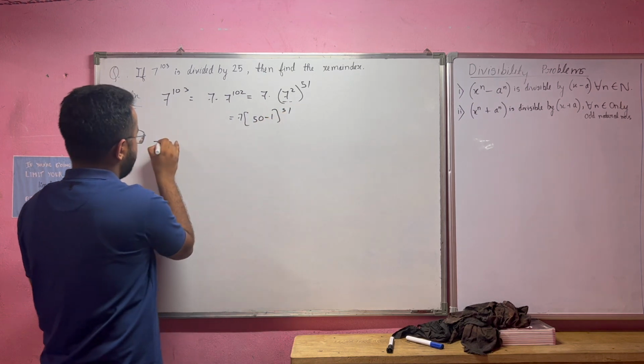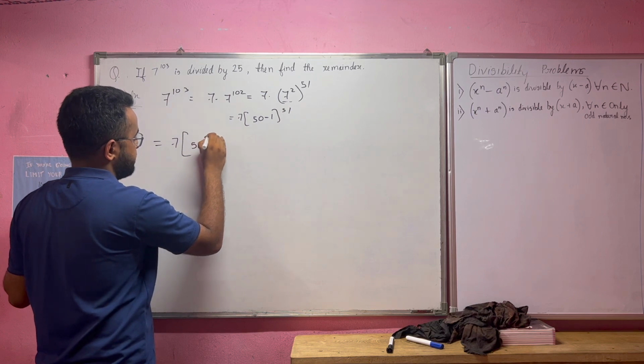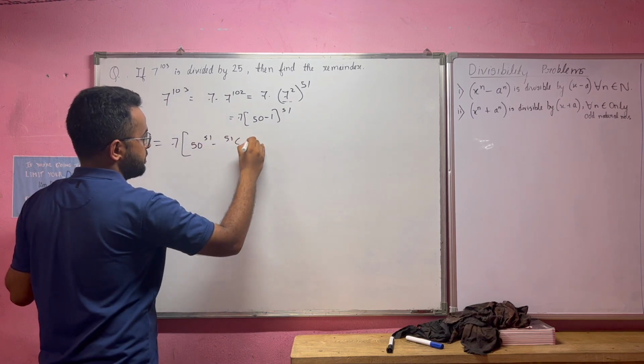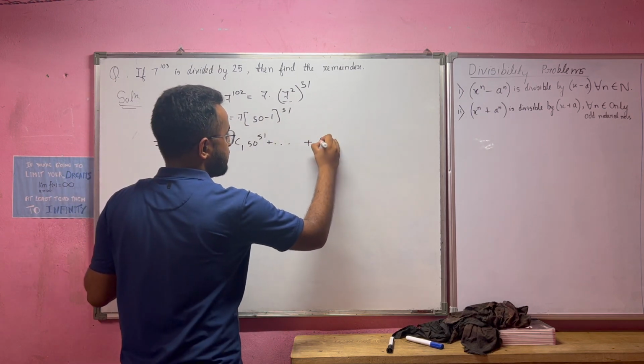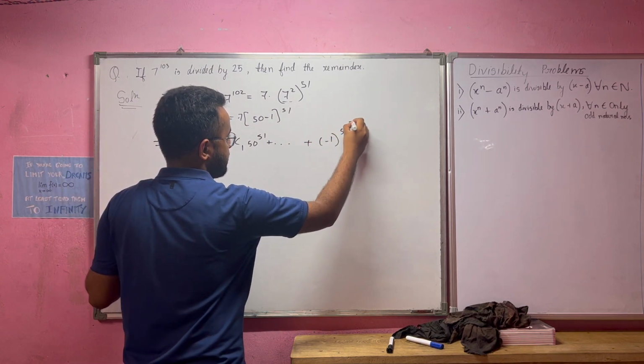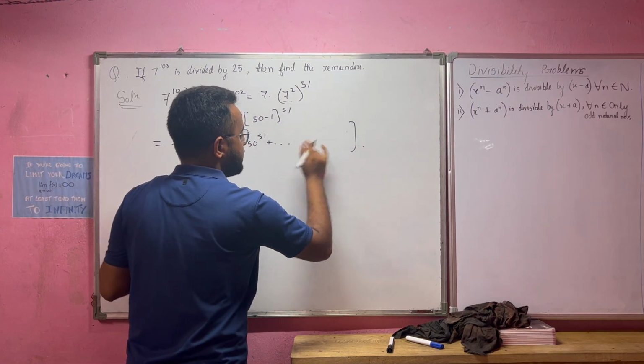Now we apply the binomial theorem here. Right? Minus 1 power 51 is equal to minus 1.